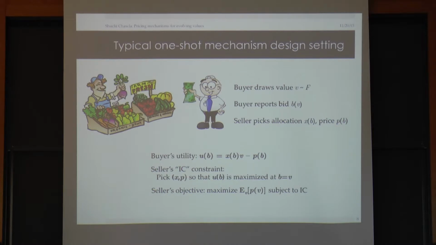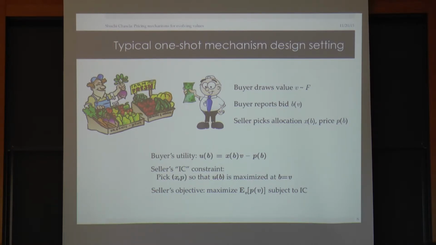What if the seller just says his objective is to maximize the revenue and drops this other constraint? Why does the seller care about this? Okay, so let's say that the seller didn't have to worry about this constraint, and let's say that the buyer was always truthful. Then what the seller would do, if he wants to maximize the payment, is to charge the buyer whatever value he reports. So the buyer says, I want to pay $5 for this piece of fruit. The seller says, okay, give me $5.